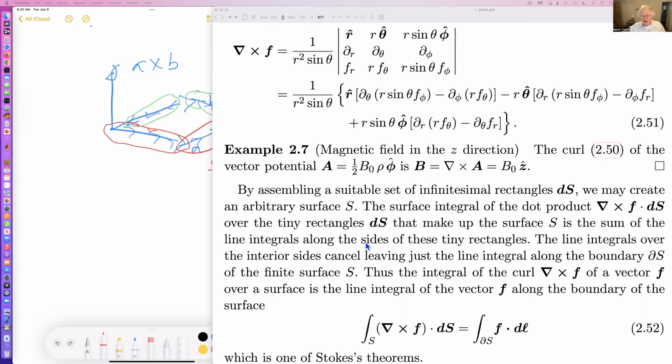Then one example is the magnetic field in the z direction. One way to think about it, to represent it, is to say it's 1/2 B0 rho phi hat.